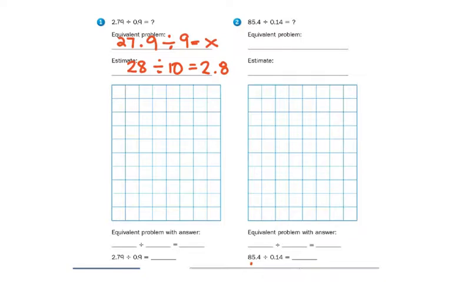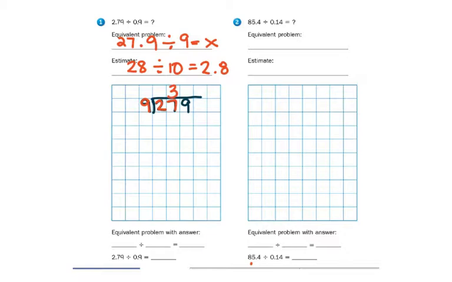So let's go ahead and then divide. I'm going to take 27 and 9/10 and divide that by 9. So let's go ahead and use traditional division. How many 9s are there in 2? Well, there's not. So I'm going to say how many 9s are there in 27?